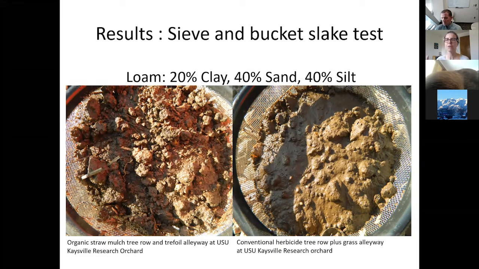And all these samples were taken in the planting strip, right? And so you could see that even between those 2 relatively similar treatments, just been in place for 4 years at that point, you could still differentiate the 2.